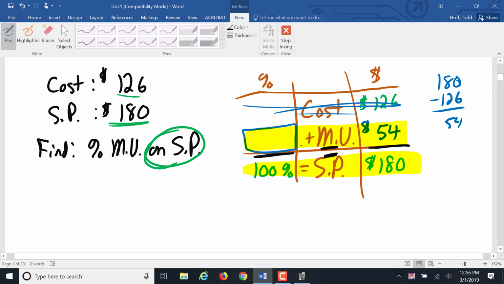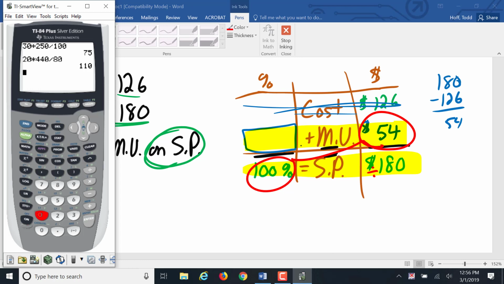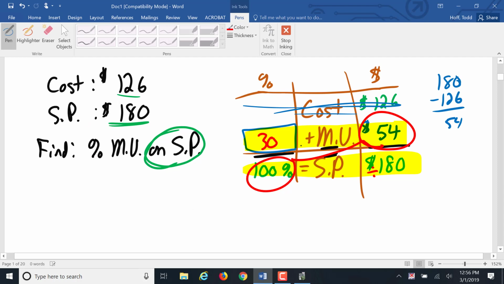I can cross multiply. The two numbers that are diagonal now are the 100 and the 54. So it's 100 times 54 divided by 180, and we get 30. So that's 30%. So that's a 30% markup on selling price.